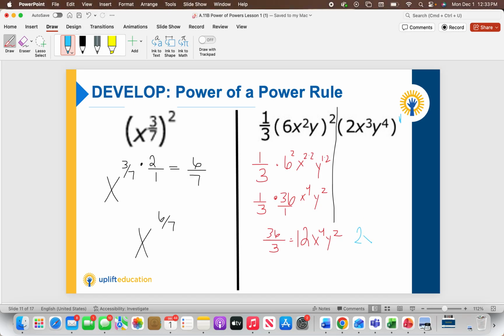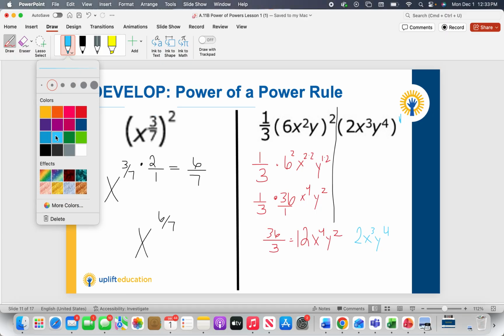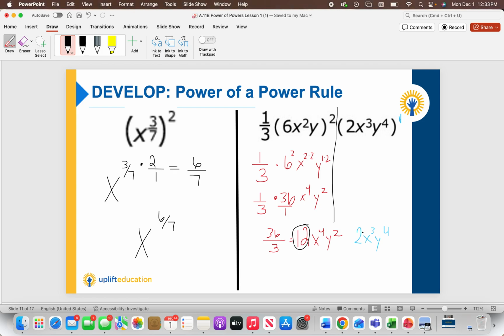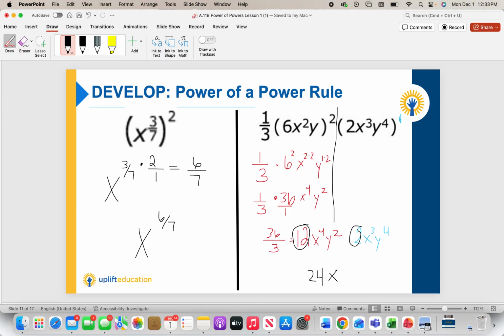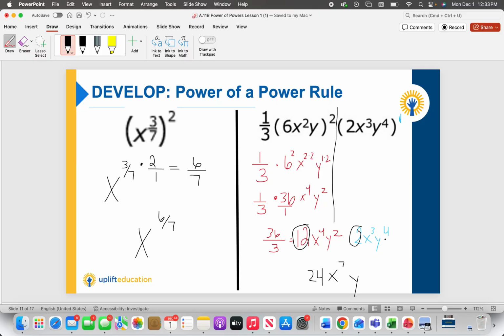So I got 2, x to the 3rd, y to the 4th. Now it's time for me to multiply the final product, and we are done with our lesson today. 12 times 2 makes 24. 4 plus 3 makes 7. And 2 plus 4 makes 6.